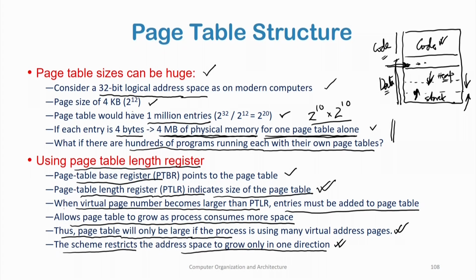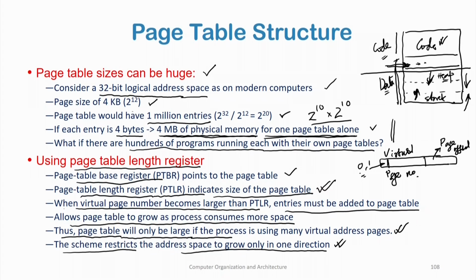Let us say the virtual address previously had a page offset part and a virtual page number part. Now, in this virtual page number, we will keep the most significant bit, which can be 0 or 1, and it will divide the virtual address space into two parts.